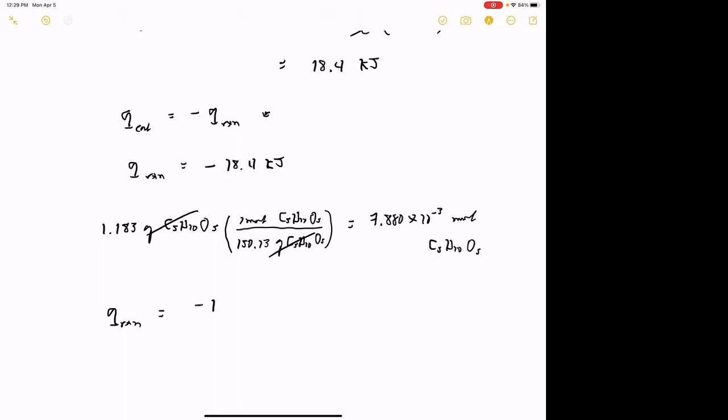So I've got minus 18.4 kilojoules divided by the number of moles of it I burned. And that turns out to be minus 2.34 times 10 to the third, I believe, kilojoules per mole.